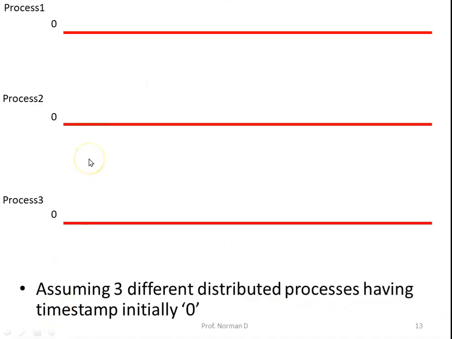Now assuming that we have three different distributed processes. Initially the timestamp of this process is 0. Here also it is 0, and the timestamp of process 3 is also 0.